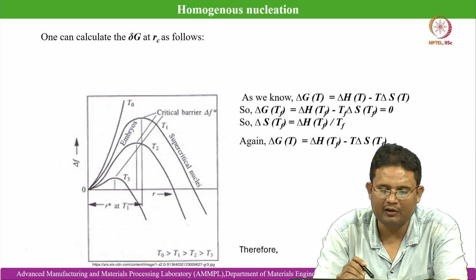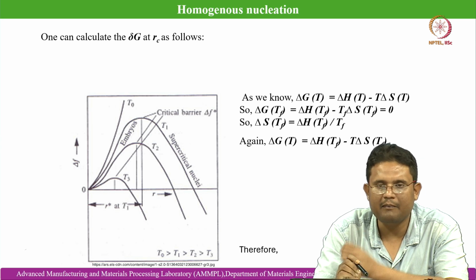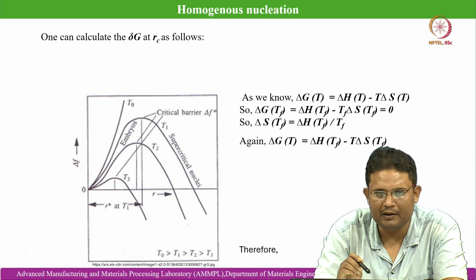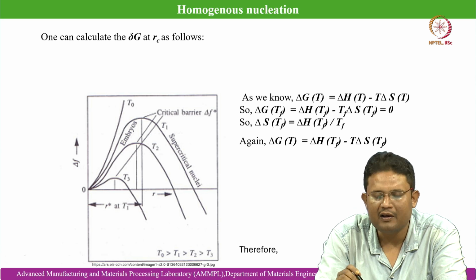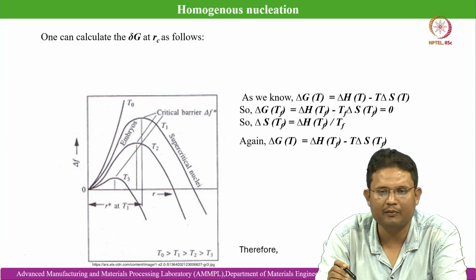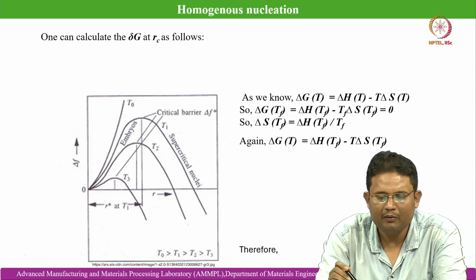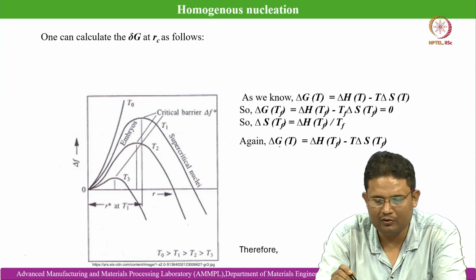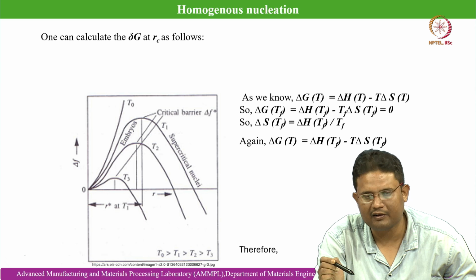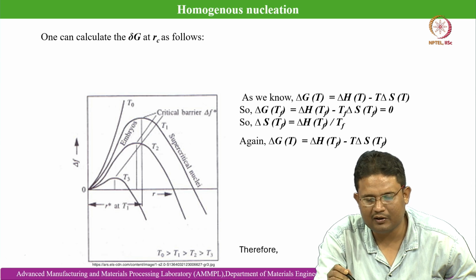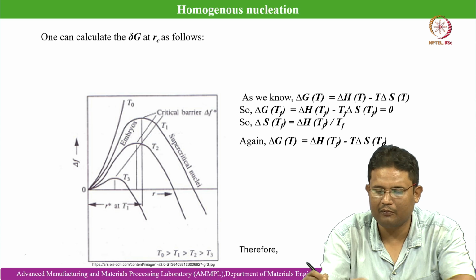So, delta G at Tf, where Tf is the equilibrium melting temperature or the fusion temperature, is equal to delta H at Tf minus Tf delta S at Tf. As we know from the previous expressions, delta S at Tf is equal to delta H at Tf by Tf. How are we getting it?